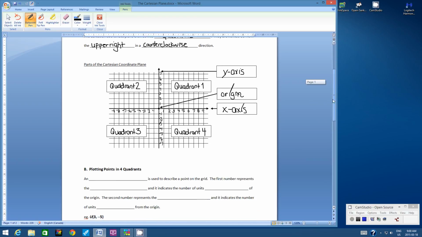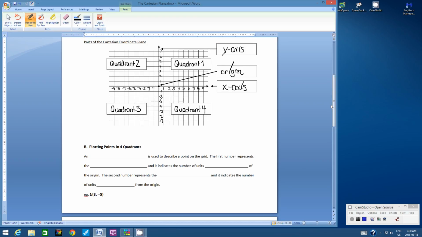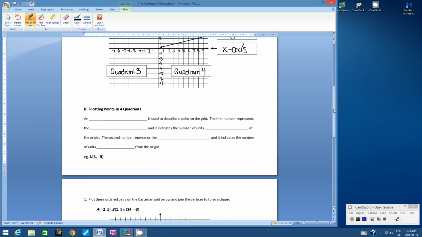Okay, so let's move on to the second part of our note, plotting points in 4 quadrants. An ordered pair is used to describe a point on the grid.